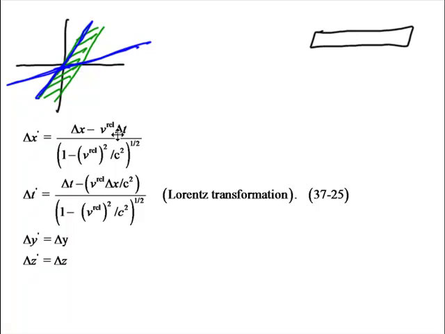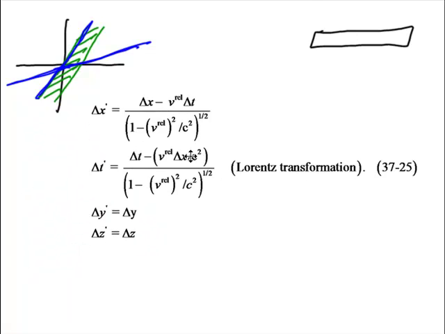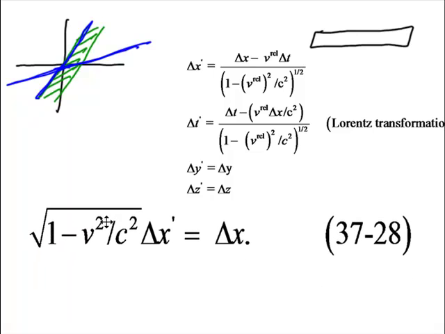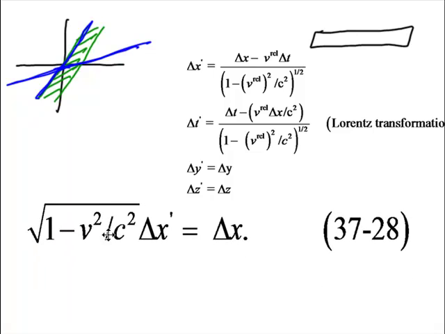So this delta t is 0. And I can find a delta x primed. What I find is that the length, as measured in my frame of reference, is contracted.